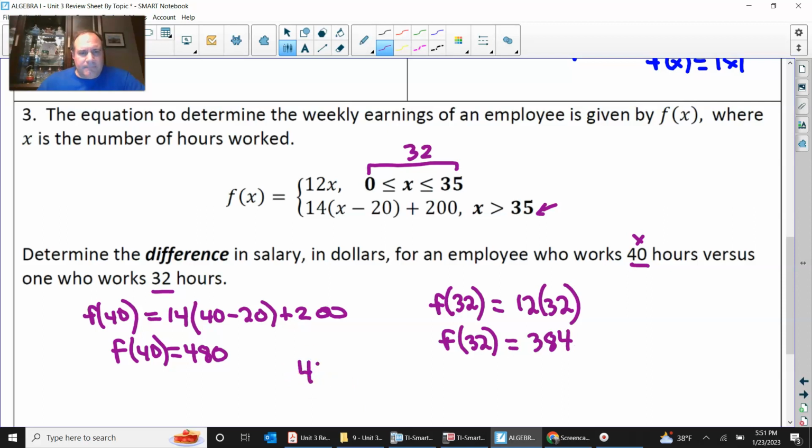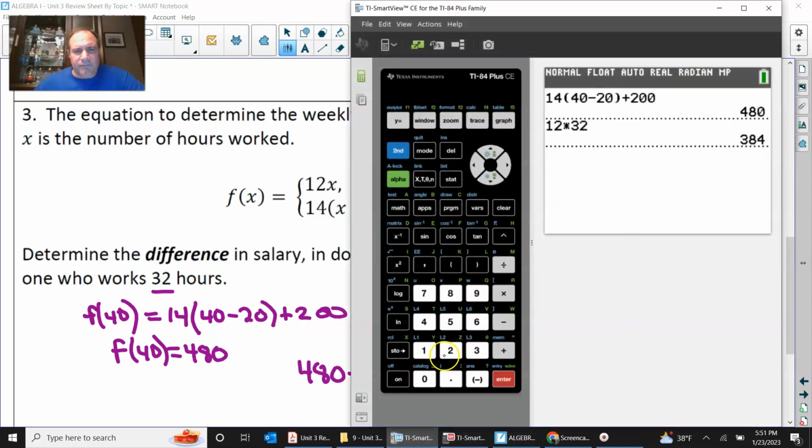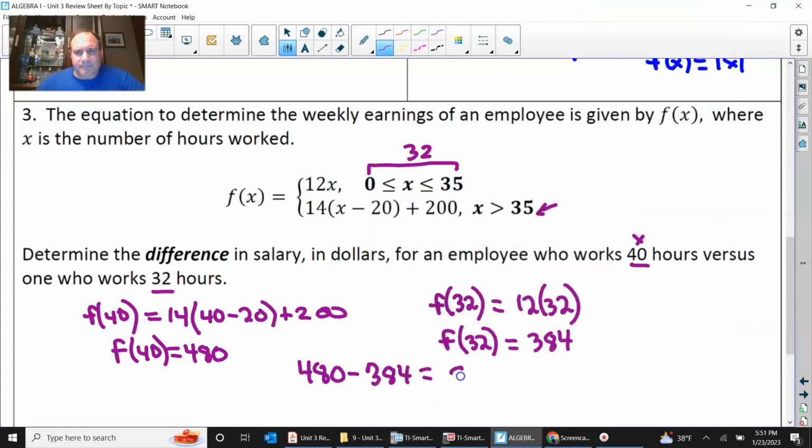And then the difference in salary to answer the question: 480 minus 384 would be a $96 difference. And that's it.